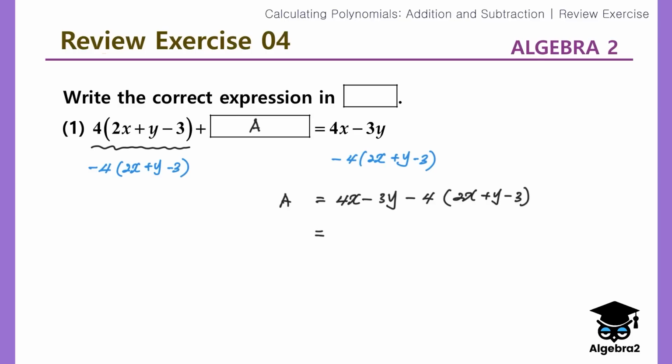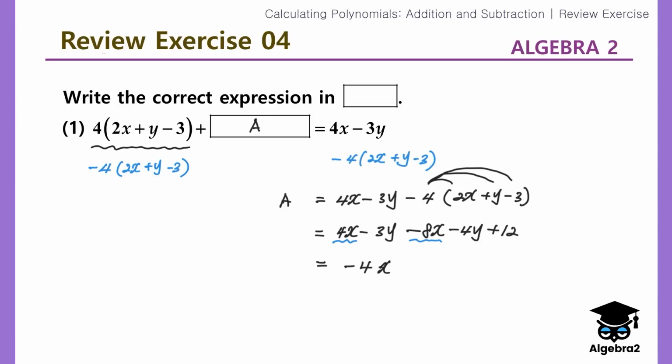So that is equal to 4x minus 3y. Let's eliminate the parenthesis. Minus 4 times 2x, that's minus 8x. Minus 4 times y, that's minus 4y. Minus 4 times minus 3, that's plus 12. So that is equal to, x term, we have 4x minus 8x. 4 minus 8, that's minus 4.